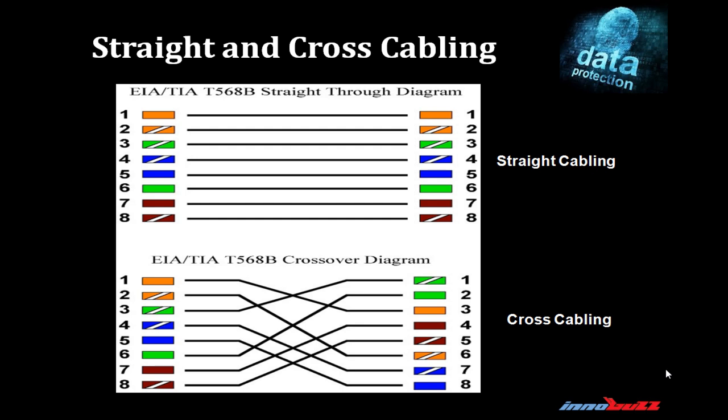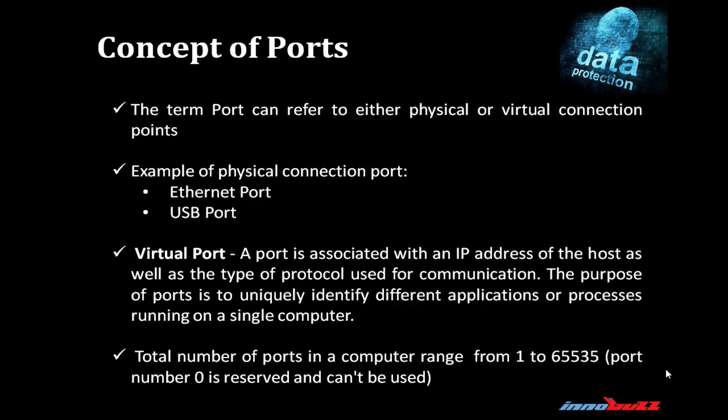If we connect same type of devices with each other, then we have to use cross cabling. And if we are going to connect different type of devices with each other, then we have to choose straight cabling. Here the same type of devices means one computer directly connected to another computer, and different type of devices means computer connected to the router.